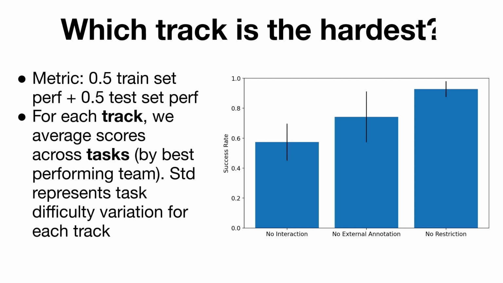Under this metric, for each track, we can compute the average score across all tasks. See the results in the box plots, and here is what we can read from the plots. First, the no interaction track only allows learning from demonstrations. The methods under this track perform the worst, which consolidates the importance of interaction for policy learning.